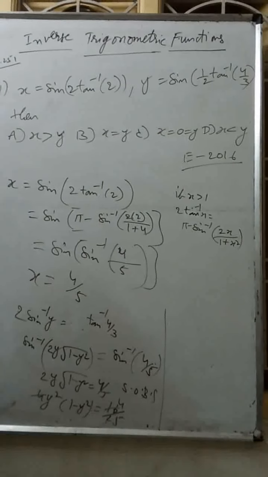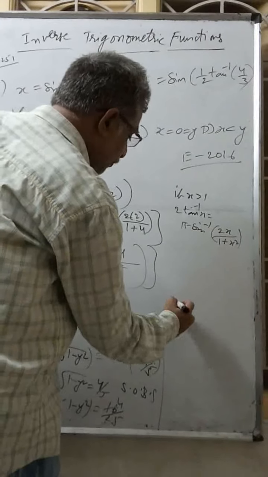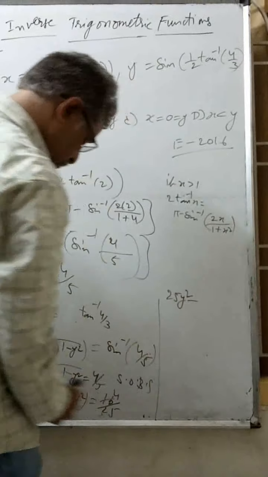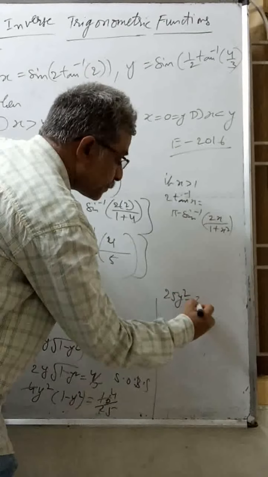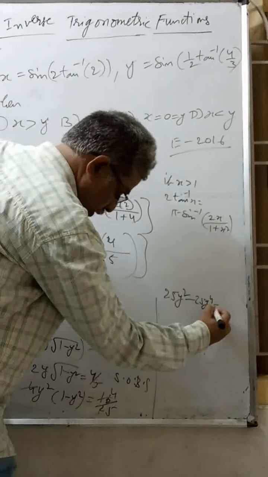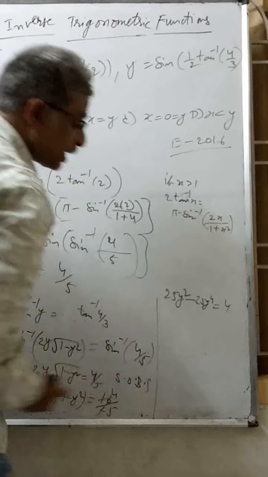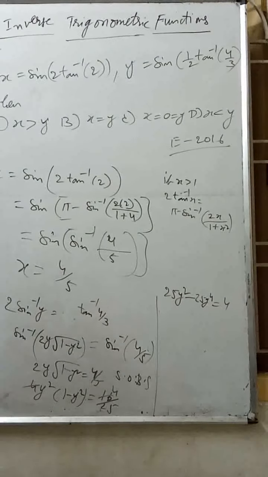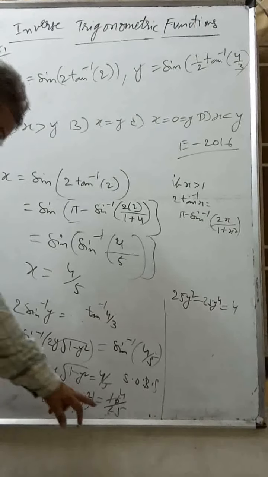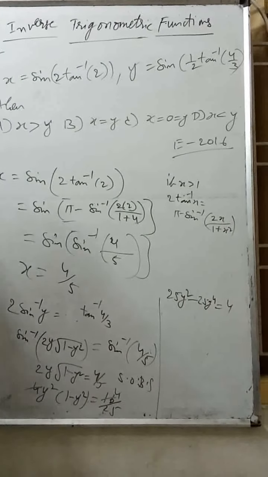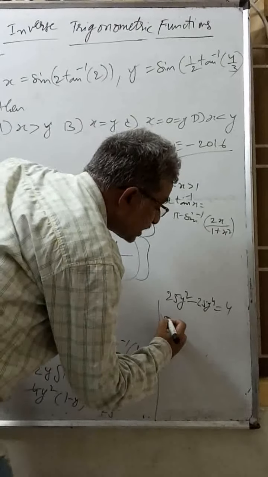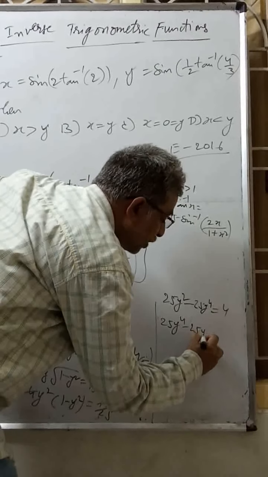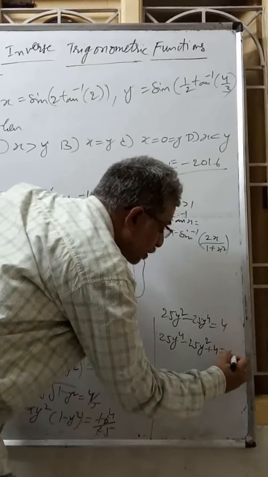So I can factorize this like 25 y square minus 25 y power 4 equal to 4. Bringing all to one side, 25 y power 4 minus 25 y square plus 4 equal to 0.